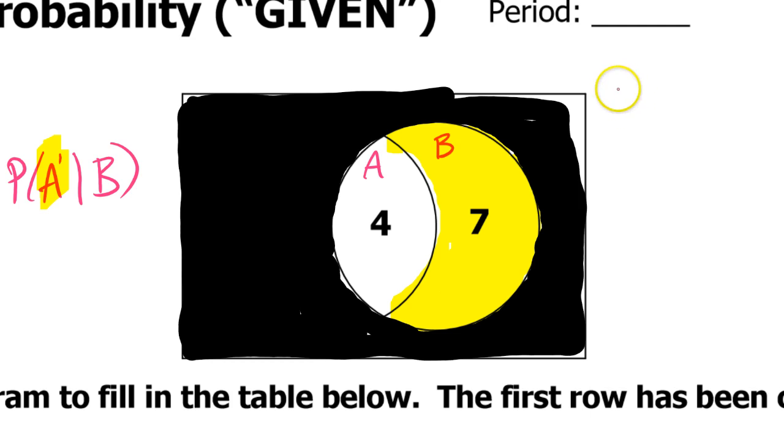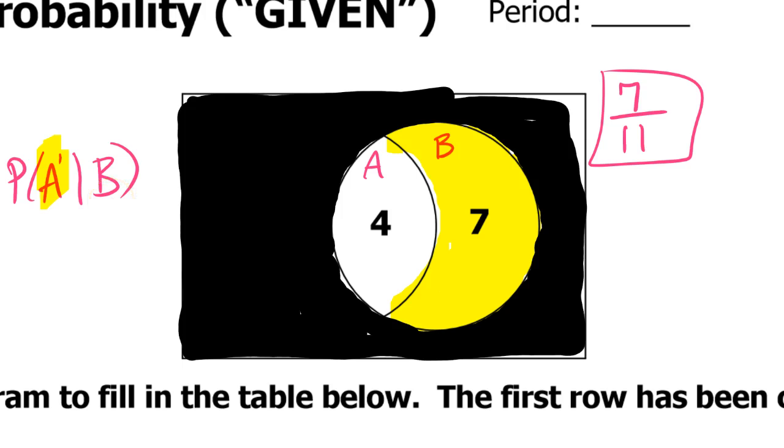So target over total, the target is 7 and the total is 11. Because we were given B, we blacked out everything else, so you can forget about all those other numbers when we talk about the total. The total is just going to be 11. Okay, so that is the probability of not A given B.